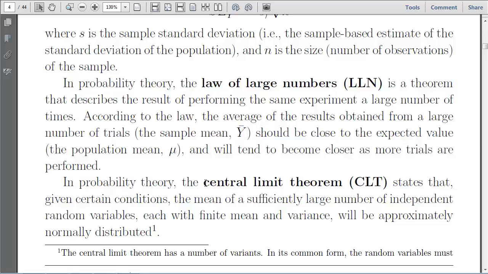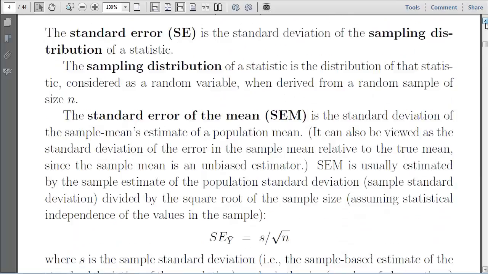Lastly, the central limit theorem is an important result that says that for certain statistics, as your sample gets larger, that sampling distribution up here approaches a normal distribution.